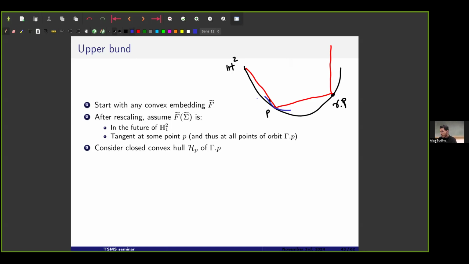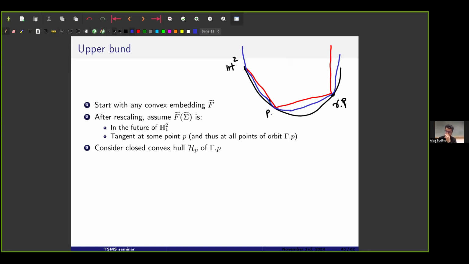And since it is the graph of a convex function, and it contains the orbit gamma P, then its hypergraph must contain this closed convex hull HP, because by definition this is the smallest convex set that contains the orbit gamma P. So the graph of f tilde will be between the hyperbolic level and this set HP, the boundary of this convex hull.